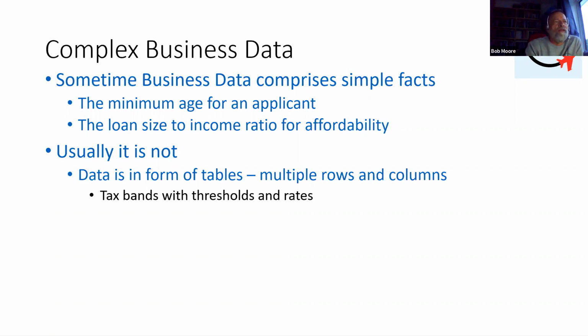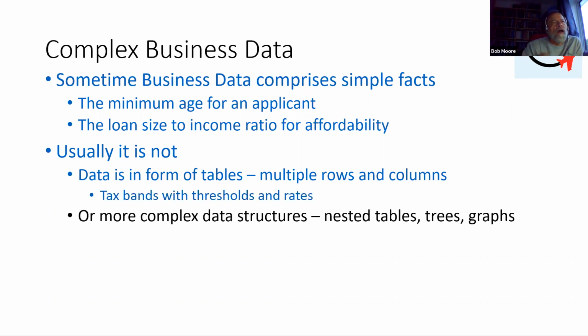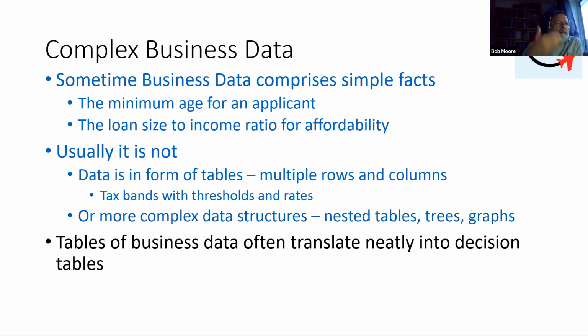It's not a particularly complicated sequence of events. Sometimes you'll get rather more complex structures. So you'll get nested tables. Sometimes you start getting things like trees and graphs for more interesting and more complicated decision-making processes. Now, tables of business data often translate very neatly into decision tables.